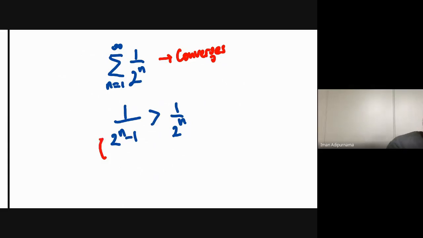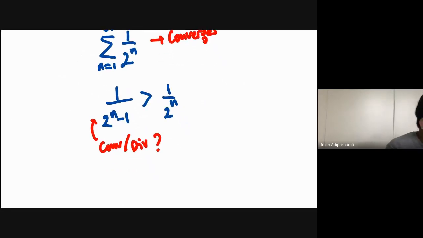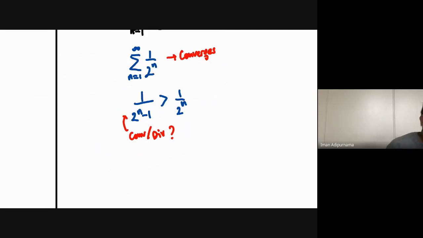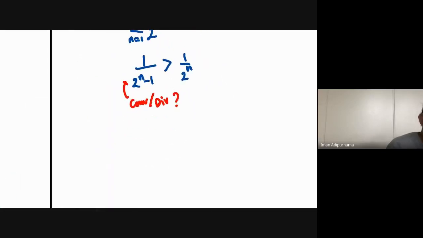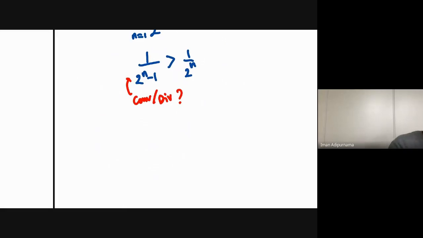So is it converge or diverge? We cannot conclude. We need another way to solve this. Let me write the theorem first and then go back to this question.